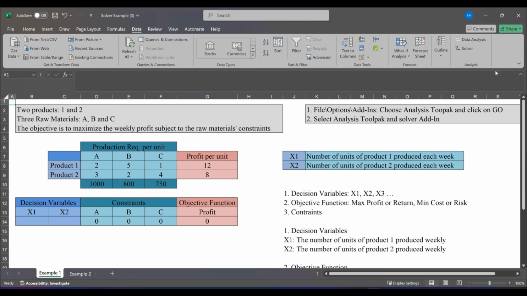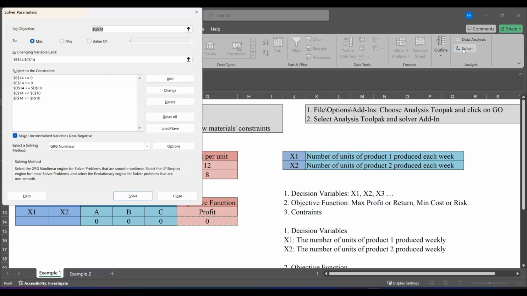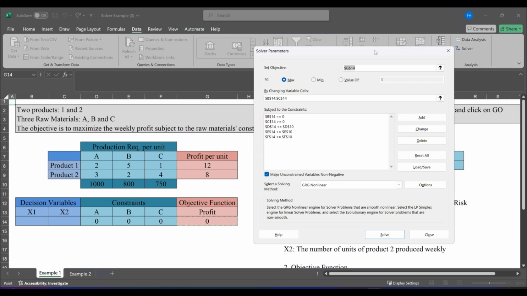Now, as you can see, I have Data Analysis and Solver available. Now I'm going to click on Solver. I'm going to reset everything.